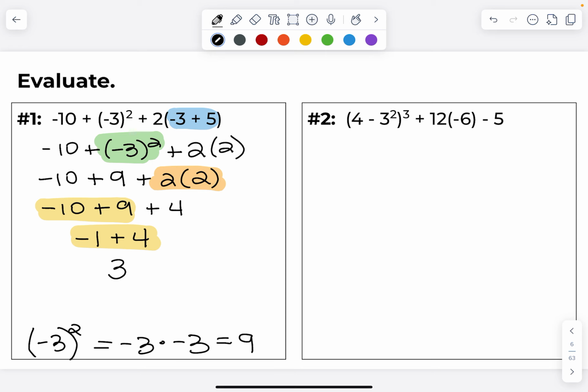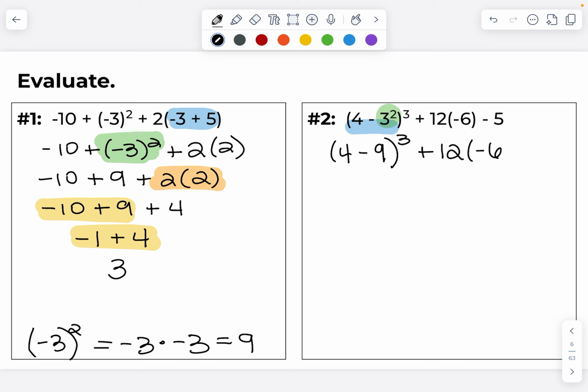Okay, so for this one, there was a little bit of trickiness happening, because not only do I have stuff going on inside the parentheses, I have this exponent happening, this 3 squared inside the parentheses. So before I can simplify my parentheses, I need to simplify that 3 squared. And 3 squared is going to give me 9.